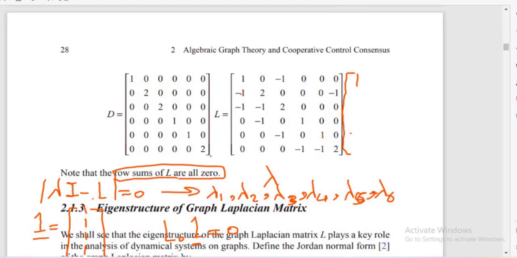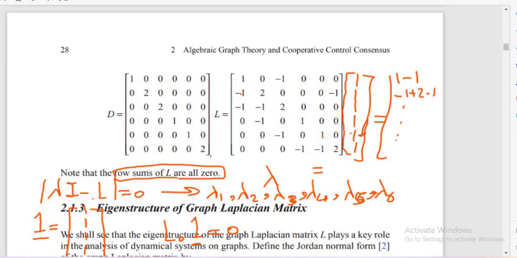I multiply this matrix by 1, 2, 3, 4, 5, 6. Sorry, 1 multiplied by 1 is 1, 0, 1 minus 1, minus 1 plus 2 minus 1, and so on.